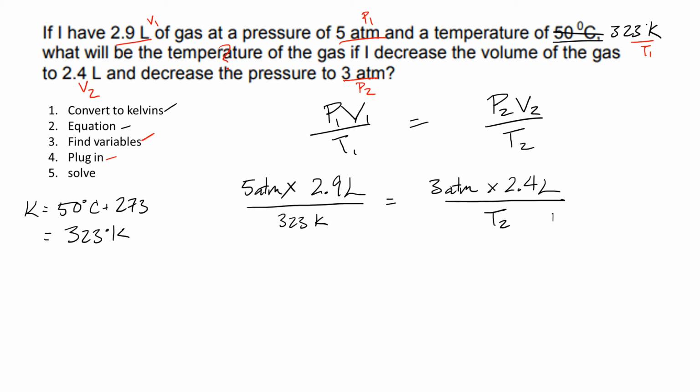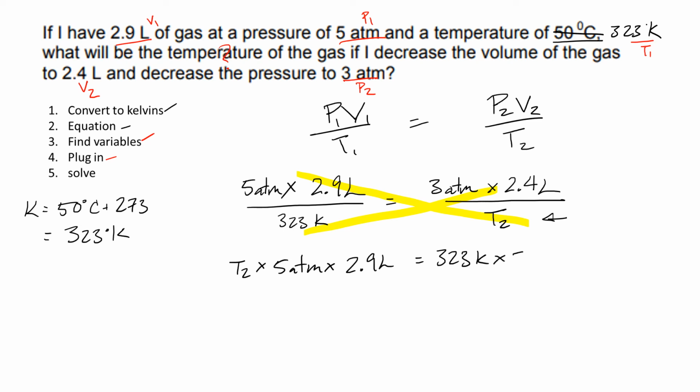Notice that T2 is in the denominator, in which case you must cross multiply, like how we did the last time. Let's cross multiply and solve this thing. T2 times 5 atmospheres times 2.9 liters is equal to 323 kelvins times 3 atmospheres times 2.4 liters.